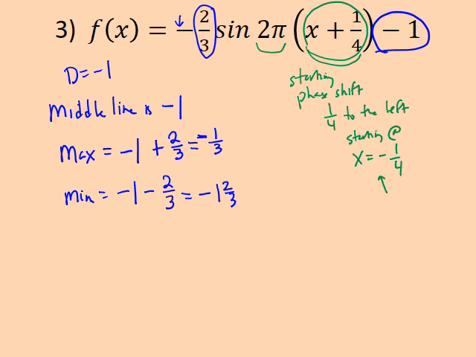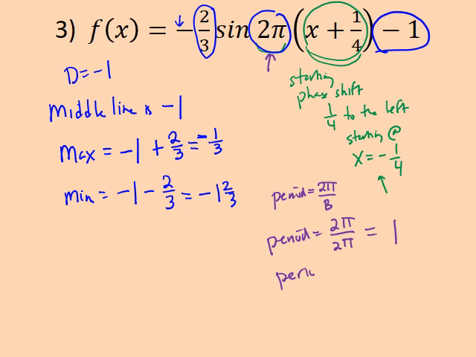Okay, so we have the middle line, we have the maximum, we have the phase shift. We need to find the period. So the period is 2 pi over b. In this case, our b is 2 pi, so the period will be 2 pi over 2 pi, which is just 1.